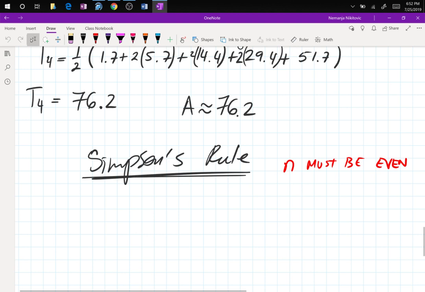So you saw that left rule, right rule, and midpoints were all flat. Those are constant approximations. Then you have your trapezoid rule, which was connecting 2 points, and it's a linear approximation. Now you have Simpson's rule, which is going to fit through every 3 consecutive points a little x squared arch.